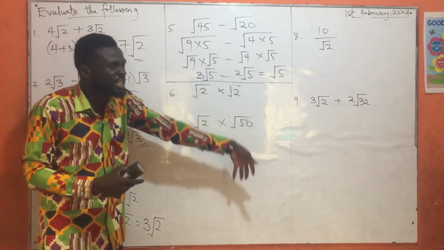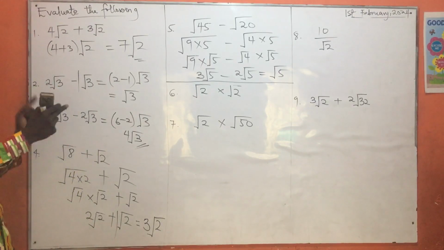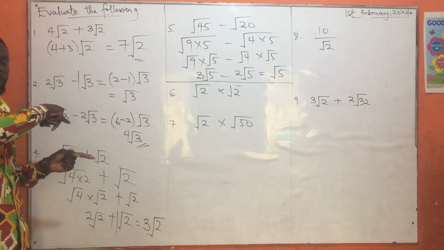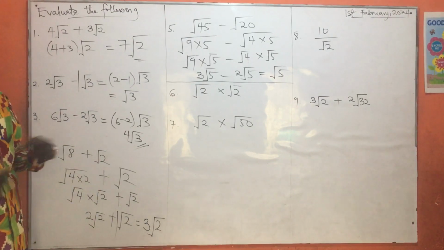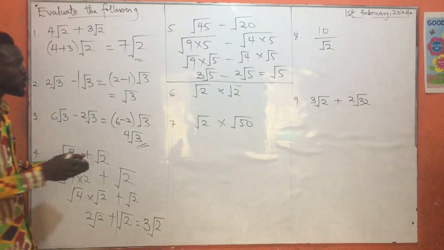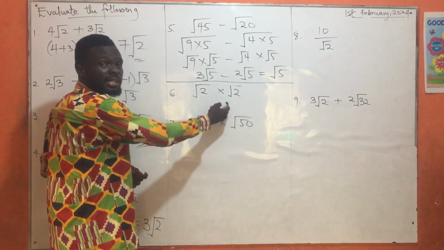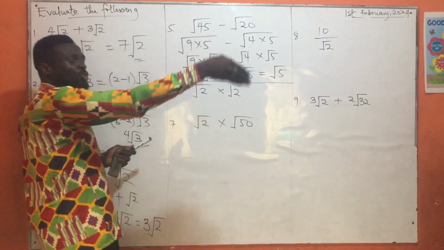Now when it comes to multiplication, it doesn't go with the addition and subtraction. With multiplication, whether they are the same or not the same, we can multiply the numbers in the surd, or in the square root. So here, when we are using surd 2 to multiply, we are going to multiply the numbers in the square root.